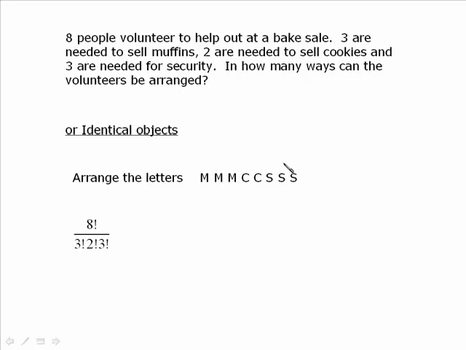So that would be the total number of letters, 8 factorial, divided by 3 factorial for the M's, 2 factorial for the C's, and 3 factorial for the S's. And that would then also give you 560 ways. So it's a legitimate way to solve the question. Depends on what you saw. My experience is that most people do the combinations, but it really doesn't matter.